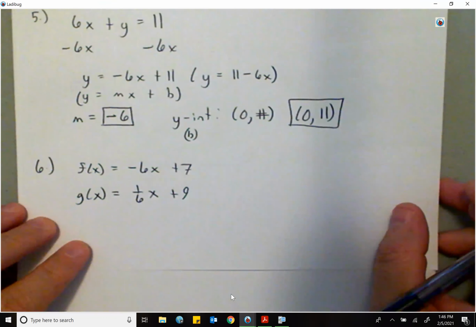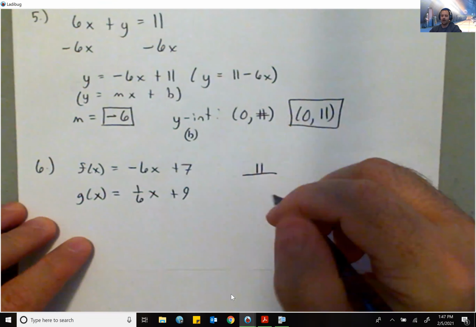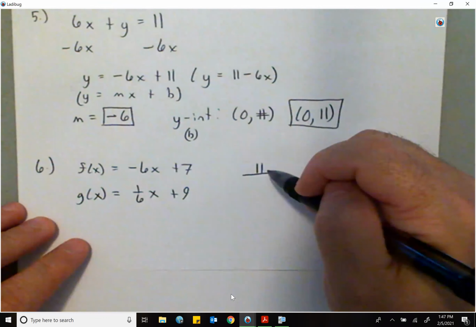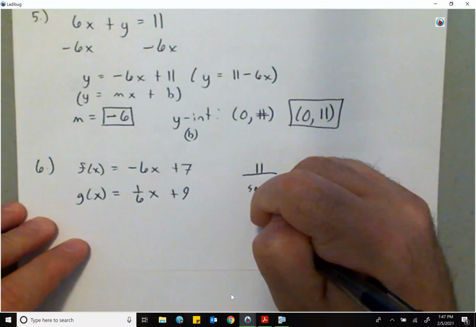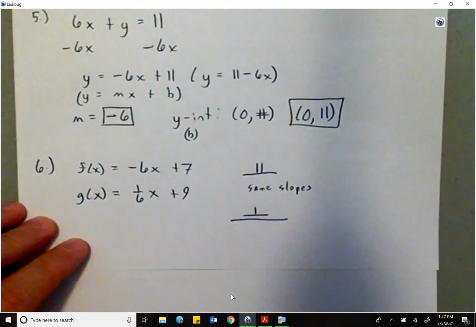For parallel, they have the same slopes and different y-intercepts, right? Yes. And all we really need to know for parallel is that the slopes are the same. And then for perpendicular, isn't it the product of the slopes has to be -1? That is true.